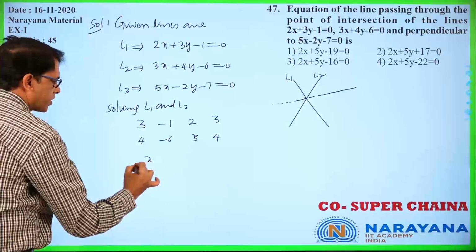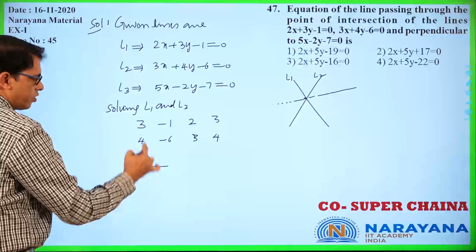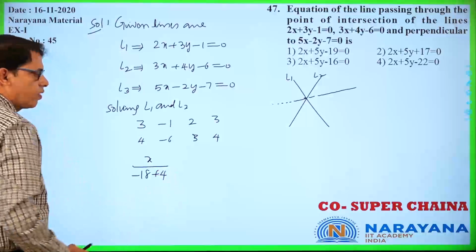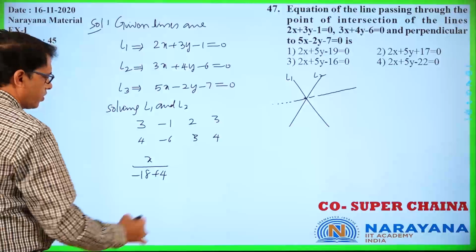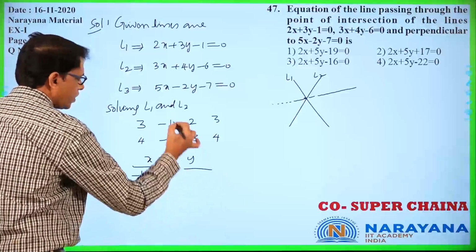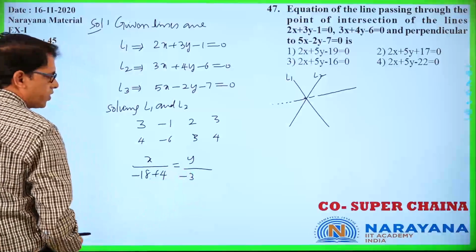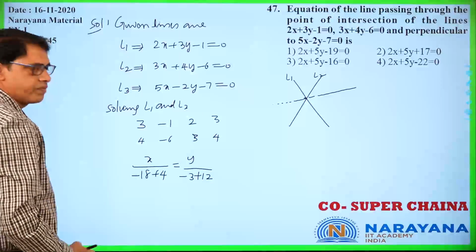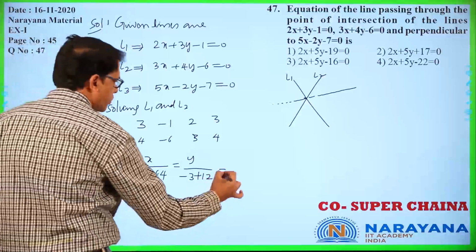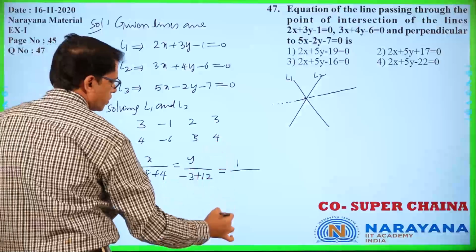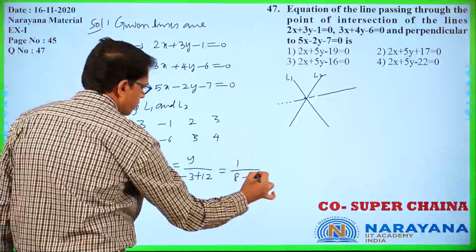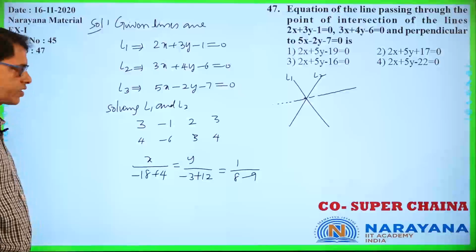Then x upon minus 18 plus 4 equals minus y upon minus 12 plus 3 equals 1 upon 8 minus 9.